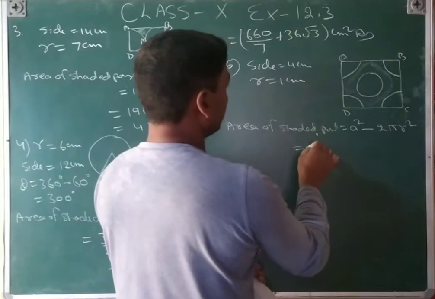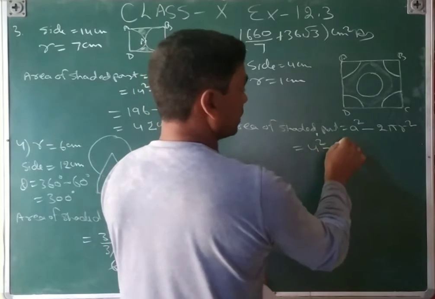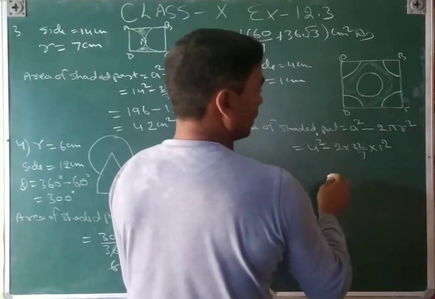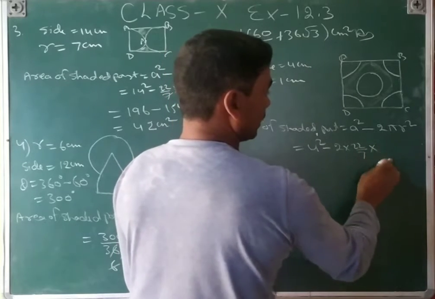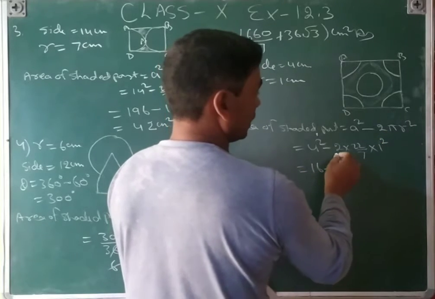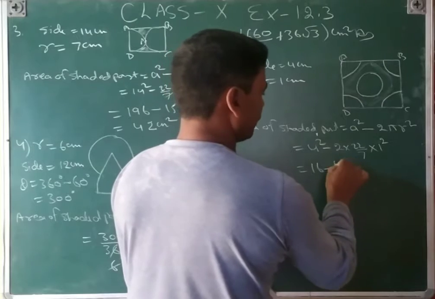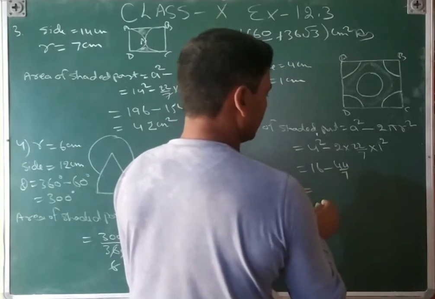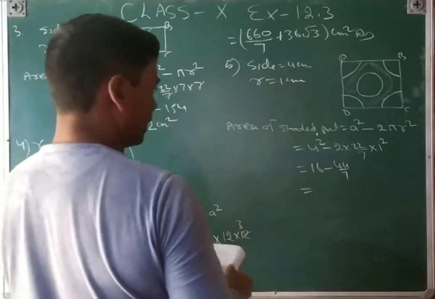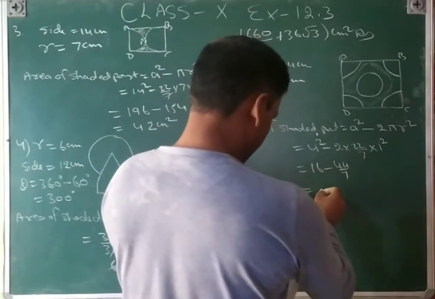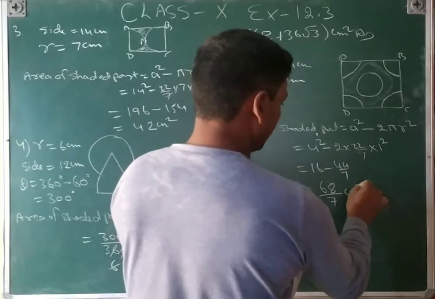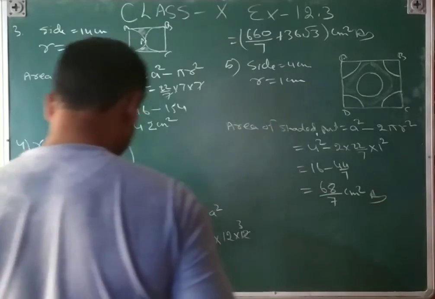So area of square means 4 square minus 2 into 22 upon 7 into 1 square. So 4 fours are 16 minus 1 square, that will be 144 upon 7. By subtraction, that will become 68 upon 7. 68 upon 7 centimeter square is the answer.